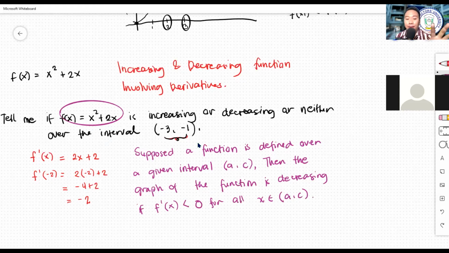One moment. Wait guys. Can you hear me or no? Can you hear me? Okay, yeah. For some reason, naputol ako. Anyway, so let's go back to the definition. Wait, ha. Share.